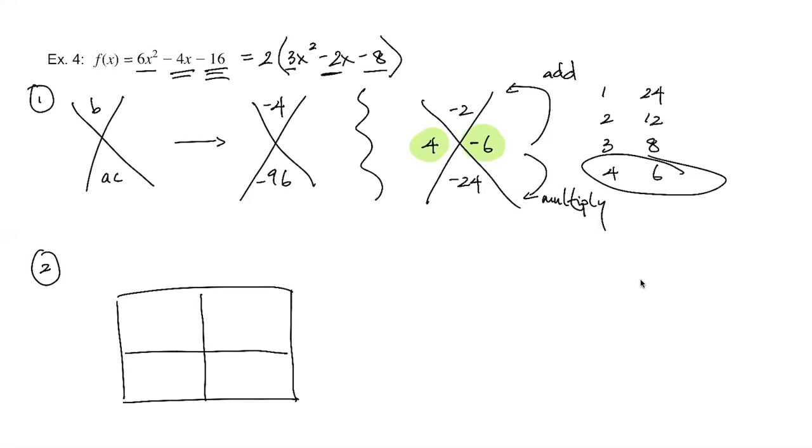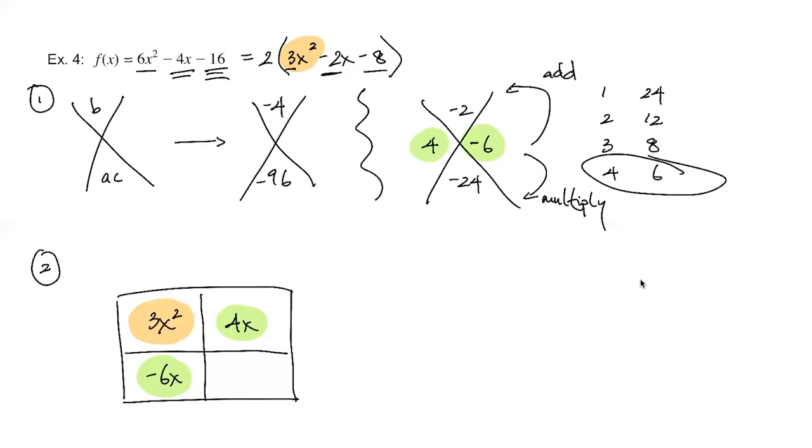All right, I'm going to put a 4x here, a -6x down here, because those are my linear terms. I'm going to go back to my original equation and grab that leading term, 3x squared.